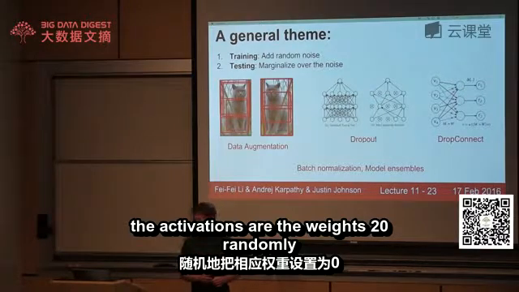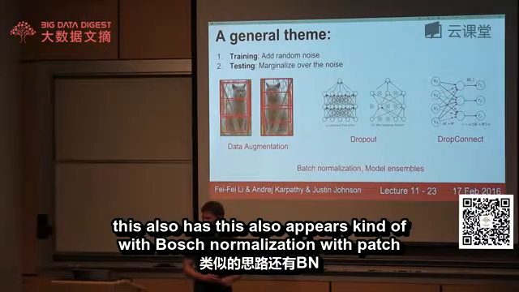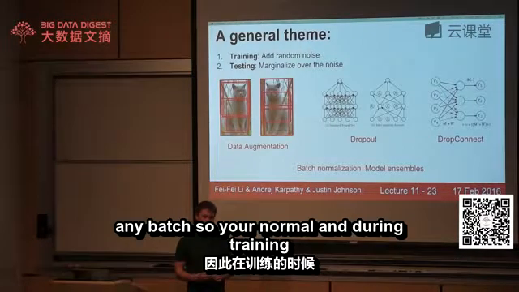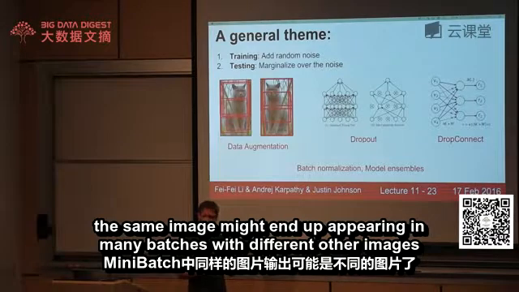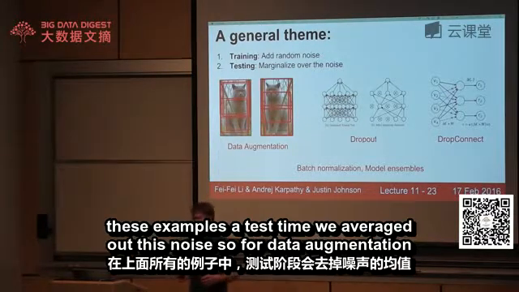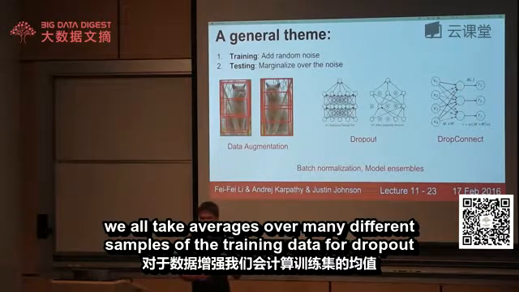This also appears with batch normalization, since with batch normalization, your normalization constants depend on the other things in the mini batch. And during training, the same image might end up appearing in mini batches with different other images. So that introduces this type of noise at training time. But in all of these examples, at test time, we average out this noise. So for data augmentation, we'll take averages over many different samples of the training data.